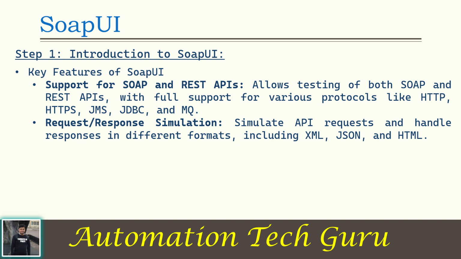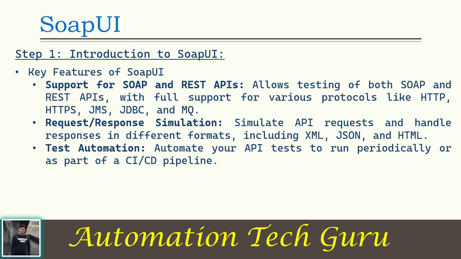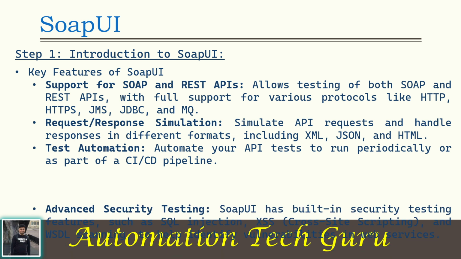Request response simulation. It simulates API requests and handles responses in different formats including XML, JSON, and HTML. Test automation. Automate your API tests to run periodically or as part of a CI/CD pipeline.